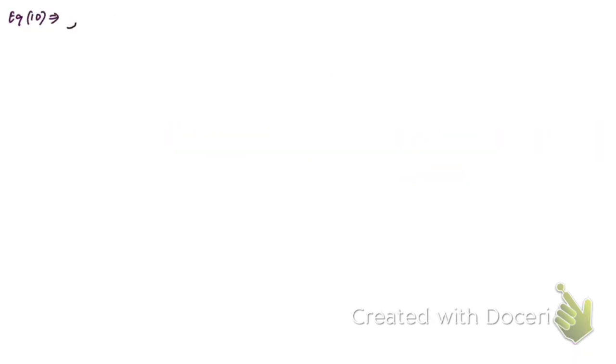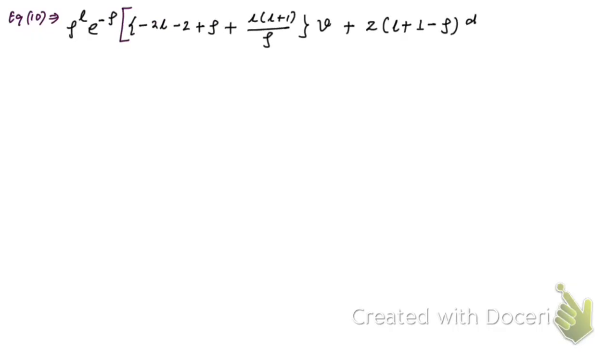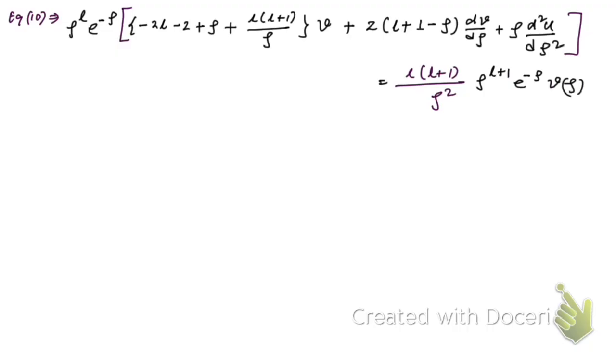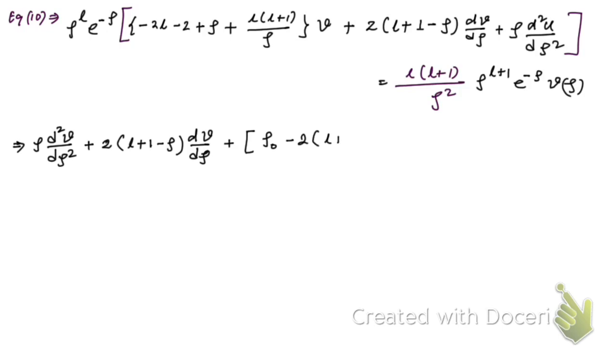Let me write here. So equation number 10 will be of this form. So let me simplify this. Right, after simplification we have got this, this is equation number 11.